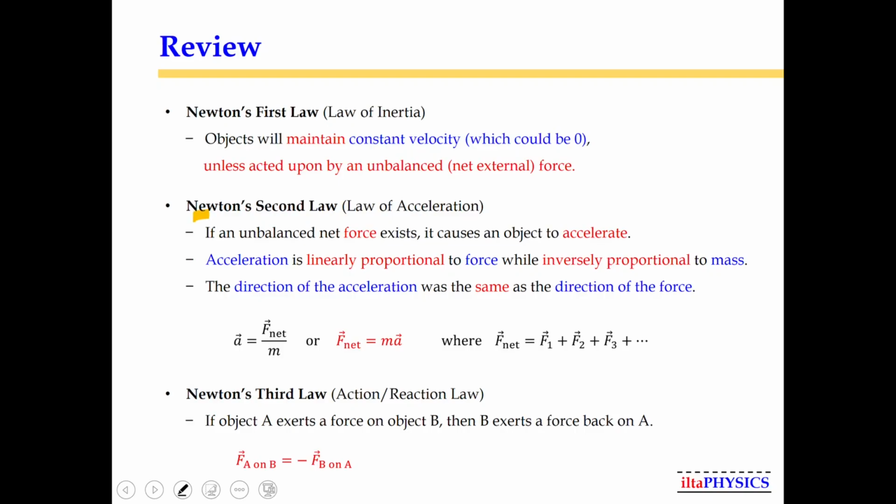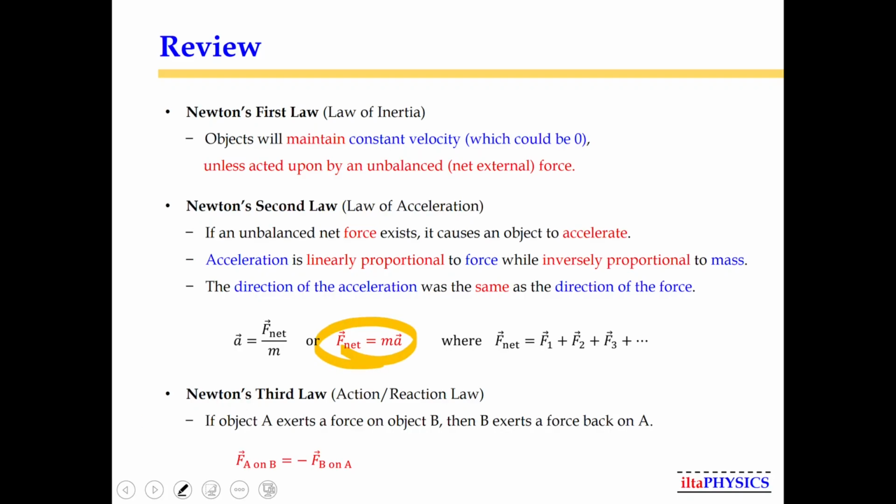Newton's second law is called the law of acceleration. If a force is applied to an object, that force causes the object to accelerate. And by acceleration, we mean any change in the object's velocity. That could be starting from rest, speeding up, slowing down, or changing direction. Newton wrote this in math form as the famous F = ma.